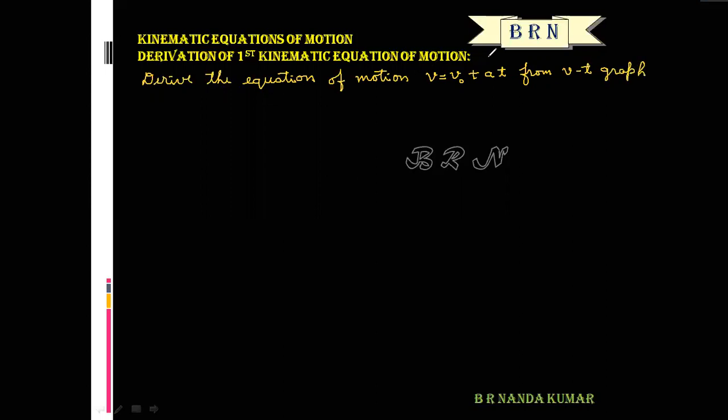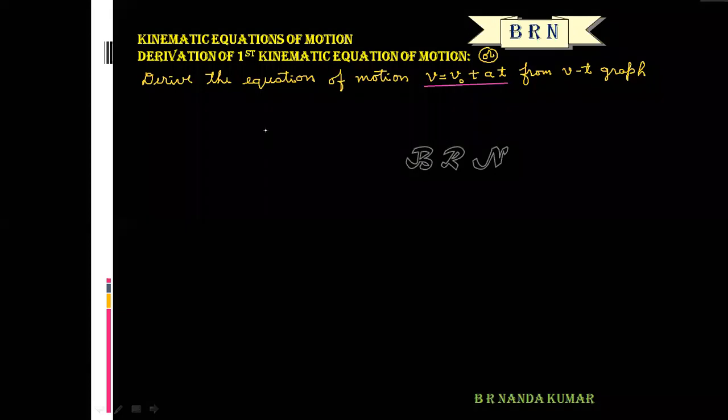Okay, we have equation of motion, V is equal to V naught plus AT. Actually, this is the first kinematic equation of motion. V is equal to V naught plus AT.